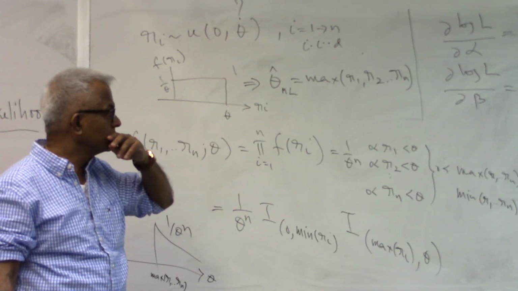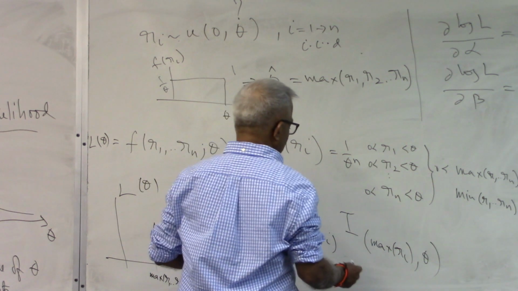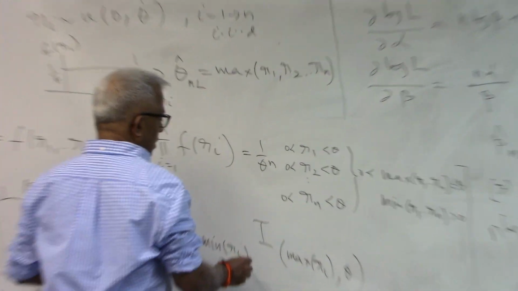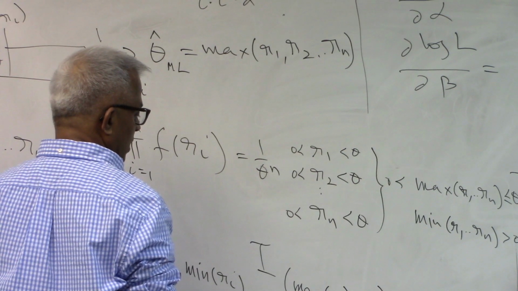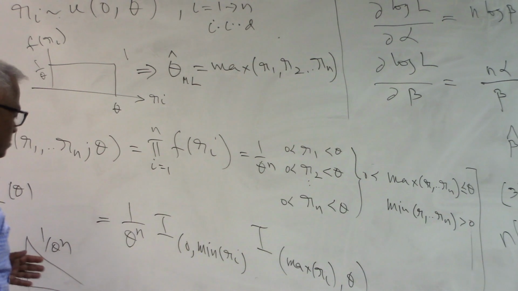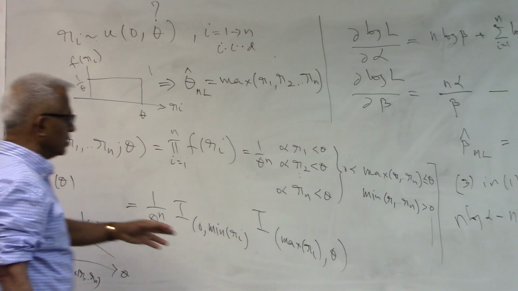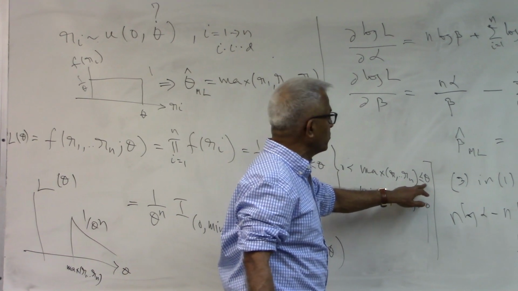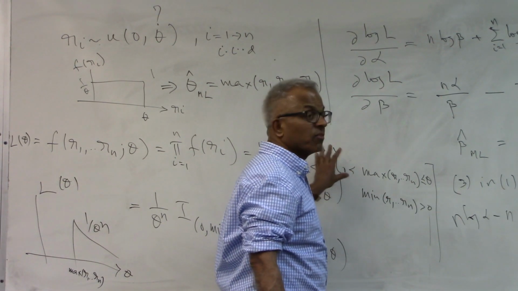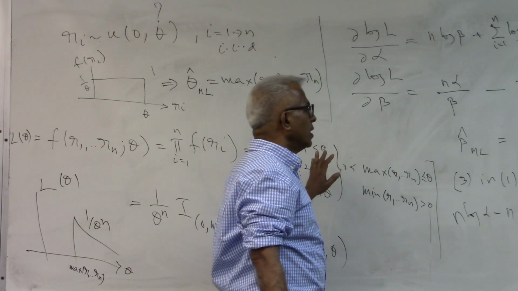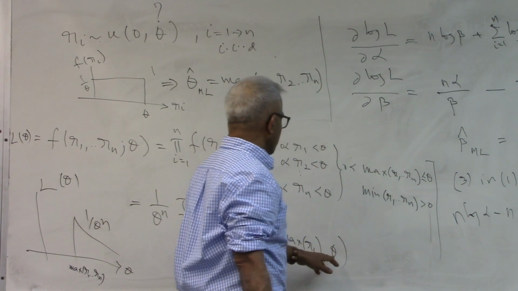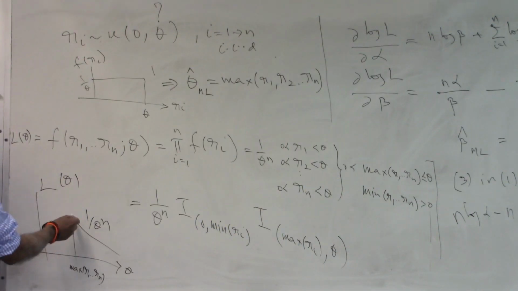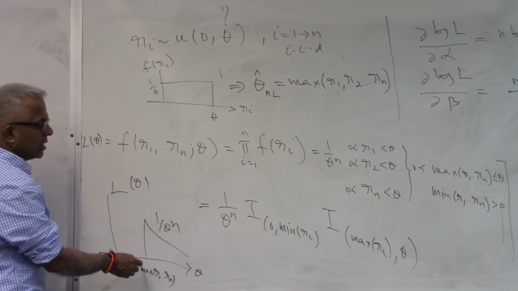Can you explain the indicator function of the last? Yeah, I'll come to this. We don't really need the indicator function here. The indicator function is 1 when theta is greater than this. This is the key diagram.